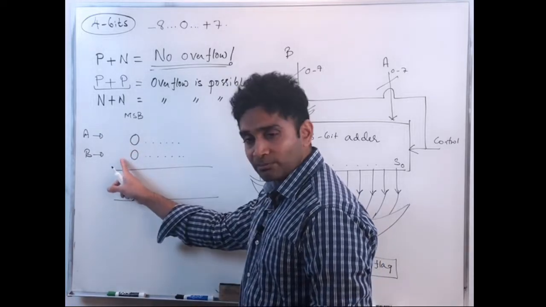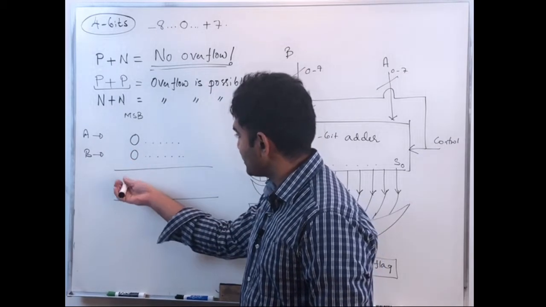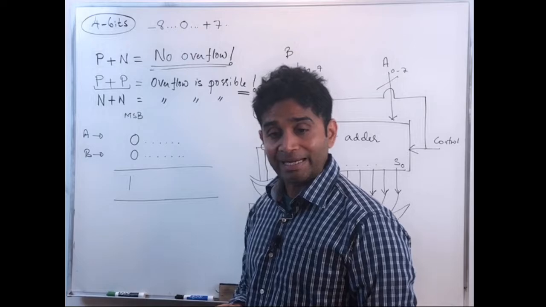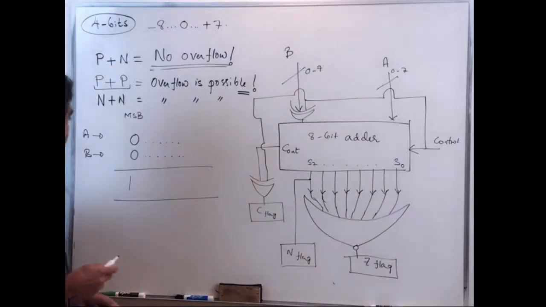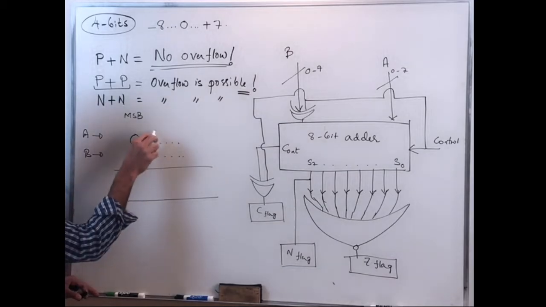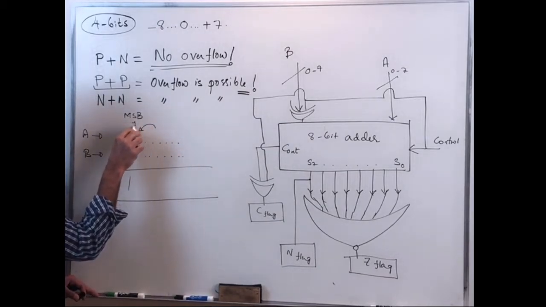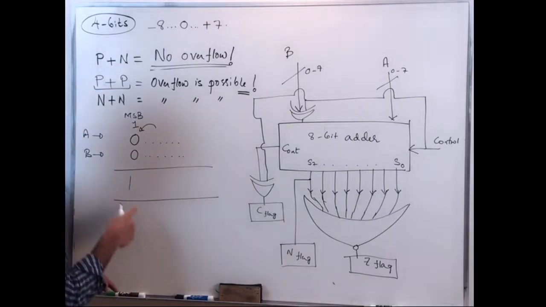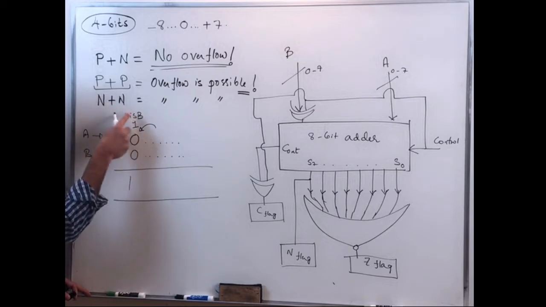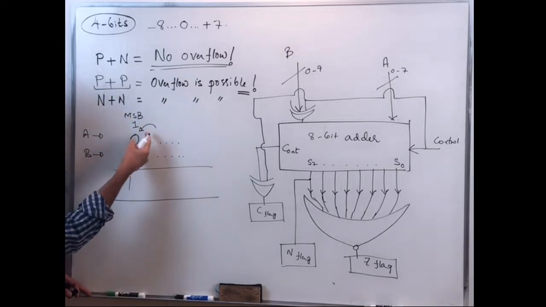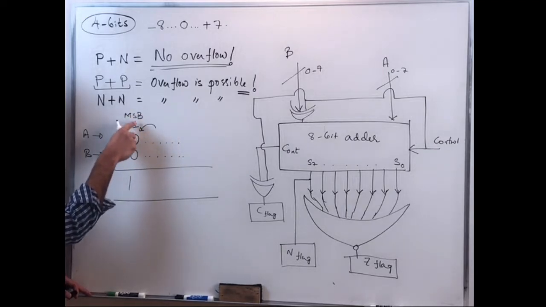I'm adding 2 positive numbers. I'm trying to examine under what conditions I would get a 1 here, a seemingly negative answer. I will get a 1 here only when my carry in to the most significant bit position is a 1. Otherwise, 0 plus 0 is 0. The only way I can get a 1 here is if the carry into the most significant bit position is a 1.